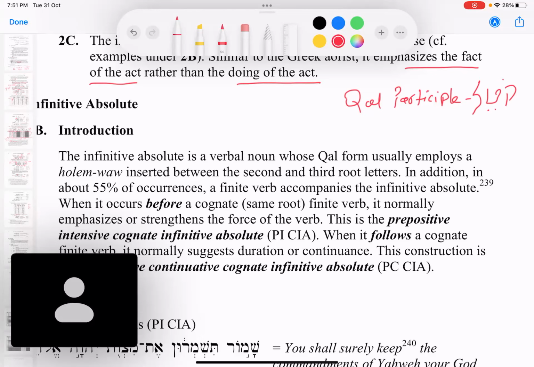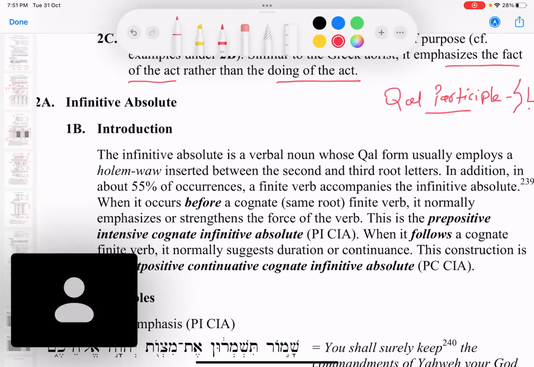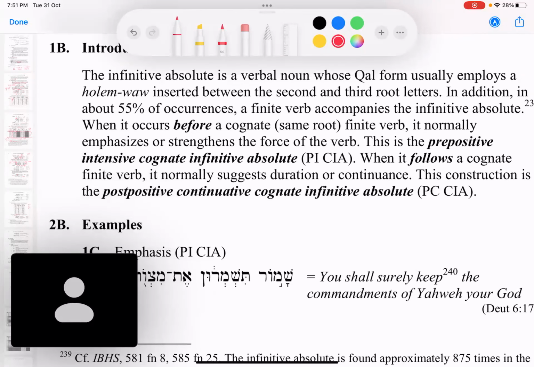So here in the participle, after the first root letter, you will find holum or holum wow. But for the infinitive absolute, you will find holum wow inserted after the second letter, in between the second and third root letters.